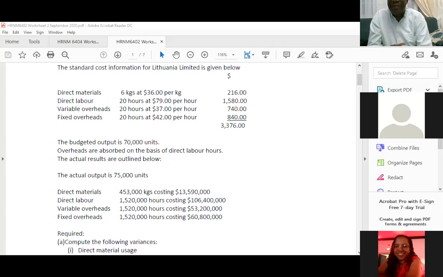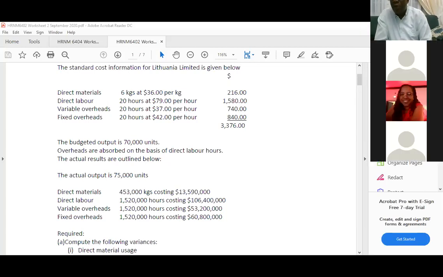And in that case, it was pound. In this problem, it will be per kilogram. You appreciate that? Okay. We could have said standard rate per unit.